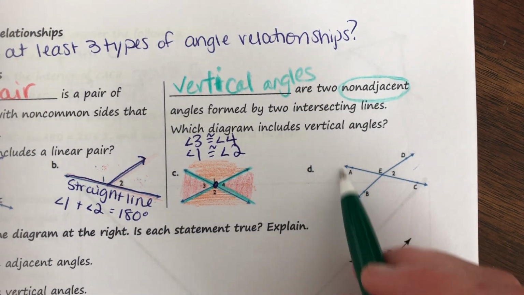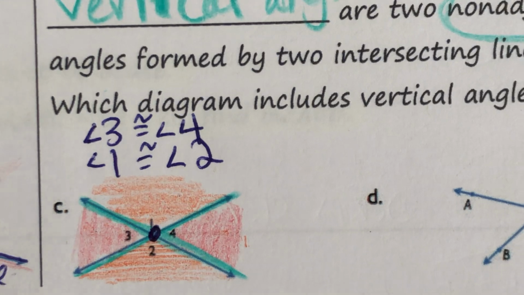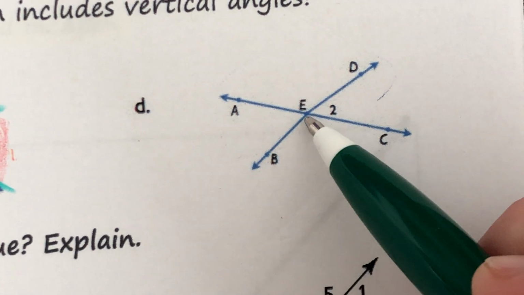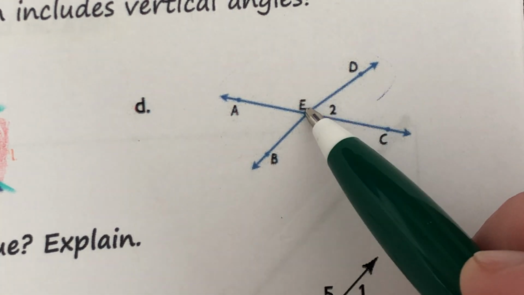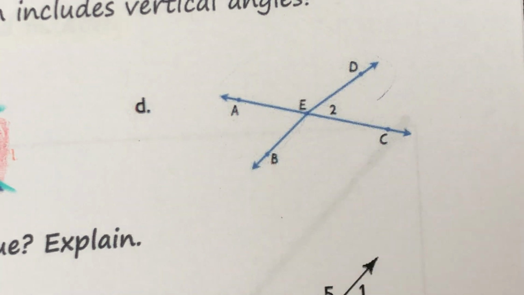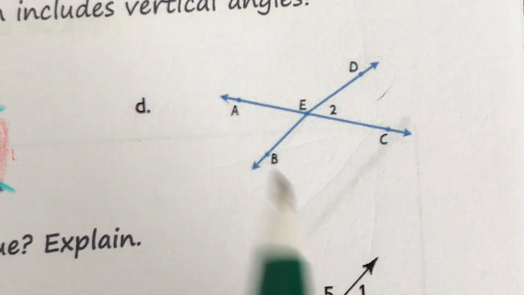Now, why is this not an example of vertical angles? If we zoom in a little bit, I don't know if that helps. I'm running out of room. Okay. Because this line right here is not one straight line. It's actually bent a little bit if you look. And vertical angles are formed by two straight lines that cross over each other.